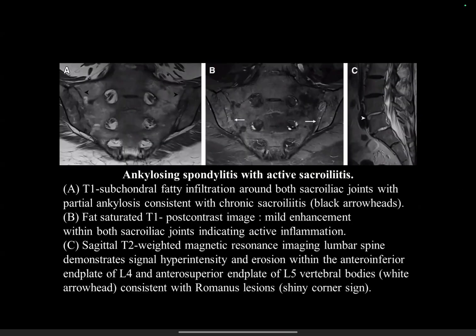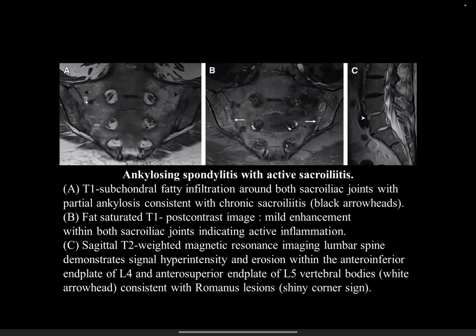So here again we are discussing one case. So suppose if it was an LS spine with SI joint, even on LS spine, what you have to remember is, apart from the degeneration, the inferior and superior portion, what is known as the shiny corner sign. So any hyperintensity classically here does show enthesitis.